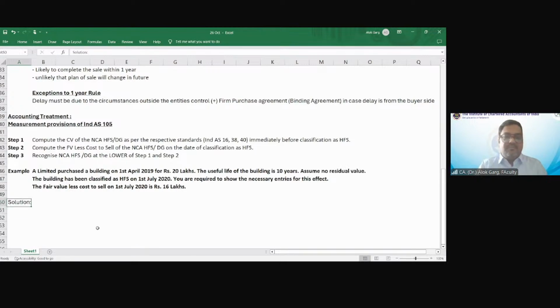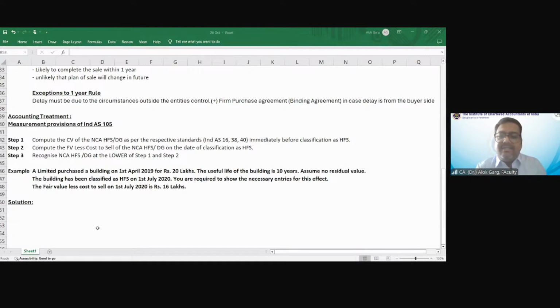Solution. Just see the solution. What is the cost of the building? 20 lakhs. What is the useful life? 10 years. What is my per annum depreciation? 2 lakh. What is my date of purchase? 1st April 2019.